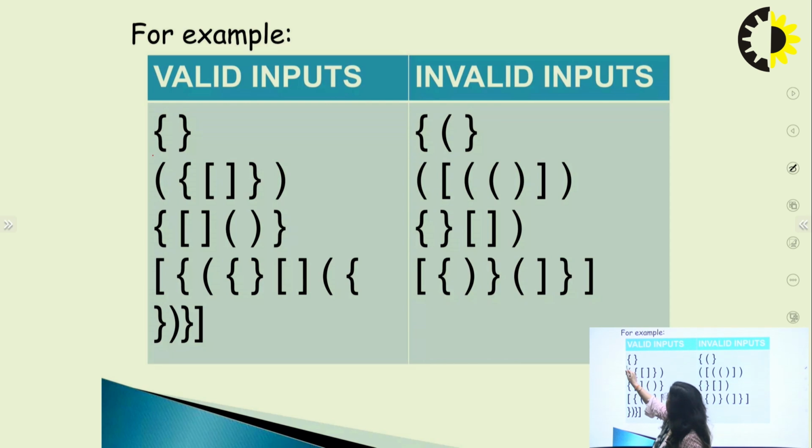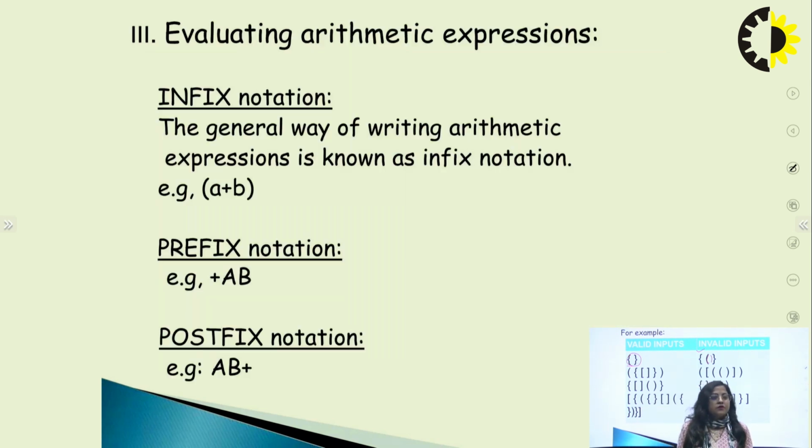Here you start a medium parenthesis, and then start a small parenthesis, but you don't close this small parenthesis and just close the medium parenthesis. So this is the invalid input. So these are some applications of stacks.